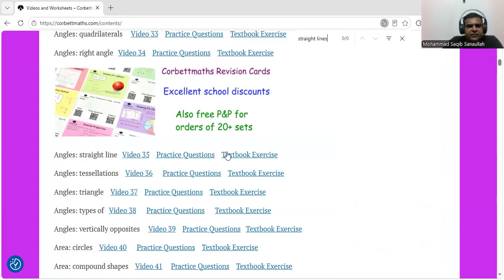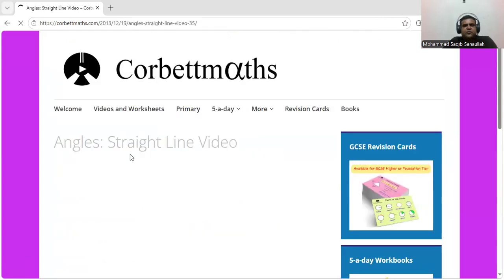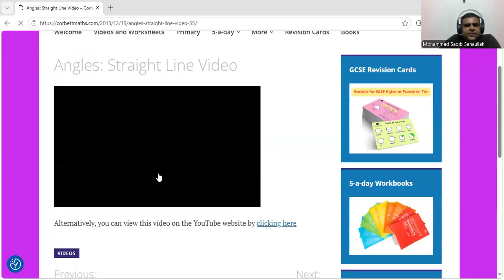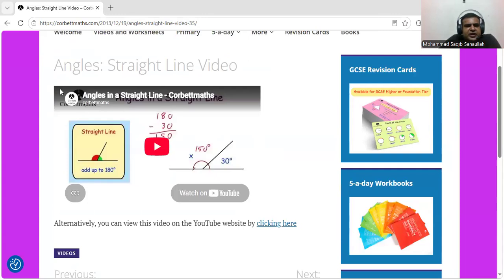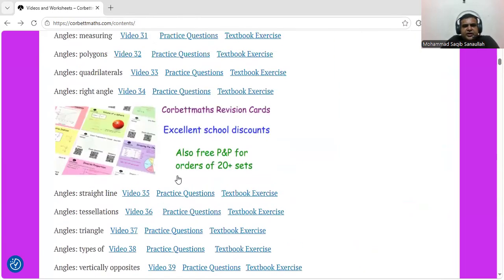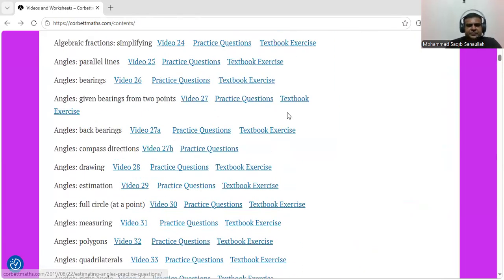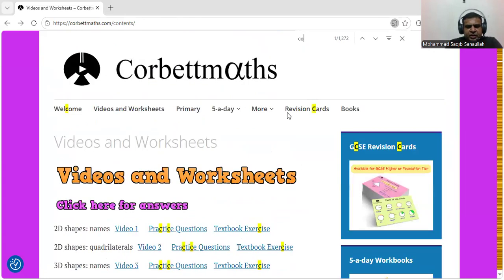So we have a video, practice questions, textbook for straight lines. Let's look at the video on a straight line, right? That's a straight line for the angles ones. Let me quickly see if I can find coordinate geometry straight line. Wait a minute. So you can easily get questions and videos.